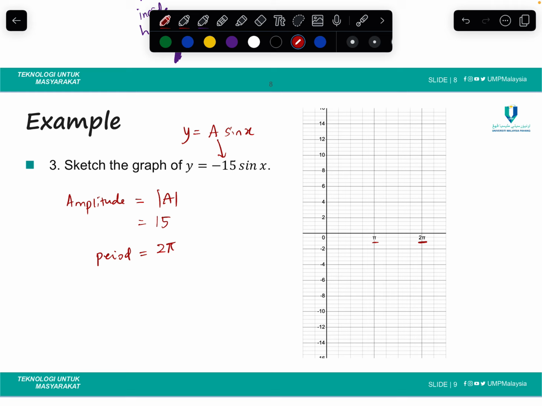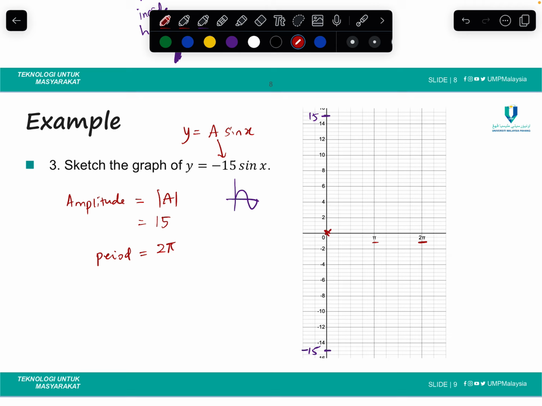Now look at the y value, 15. 15 is here, and negative 15. Remember, this is a graph of sine. The graph of sine is like this. Okay, so we want to sketch this within this time frame. It must start at 0.